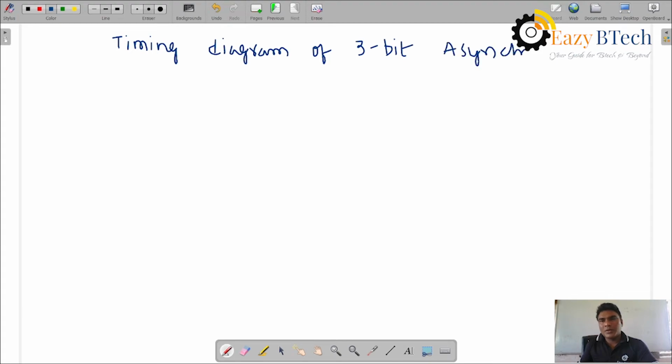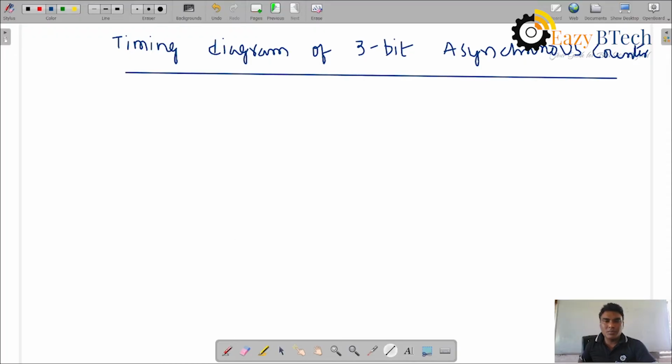You can design this, and the timing diagram and truth table, these three must be explained in the examination. As per the clock, the count proceeds. The clock signal we are taking here, let me take this one.